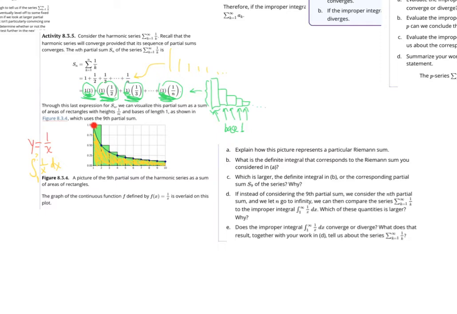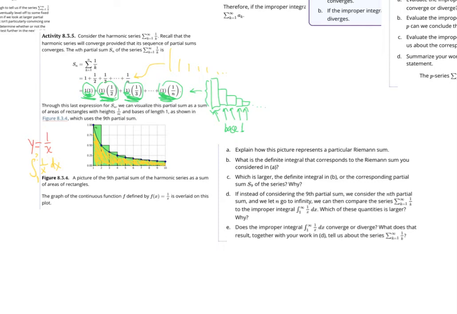Now notice that this pattern of having the rectangle stick out above the curve is going to be consistent throughout. Yes, the difference between the rectangle and the area under the curve gets smaller and smaller, but that pattern is consistent throughout. So it turns out that the series will be larger than this integral.